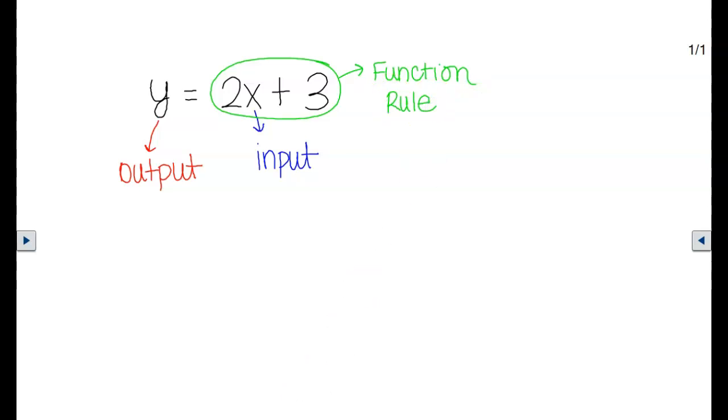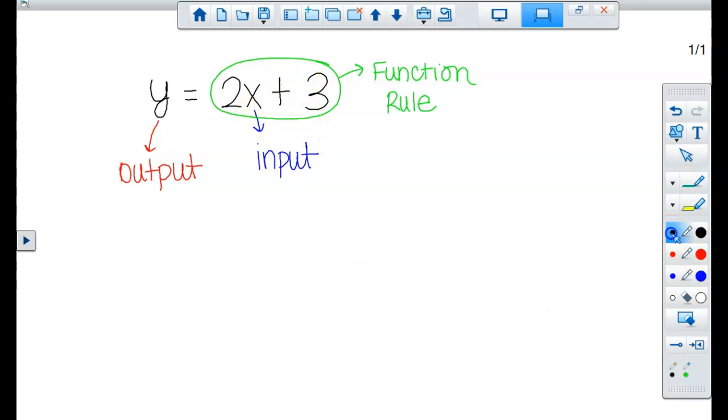And what that rule does is it tells us how x's and y's are going to get connected. So this says that if you want to know the output, do 2 times whatever the input is and add 3. So the output will be 2 times the input plus 3. That's what that rule tells us.